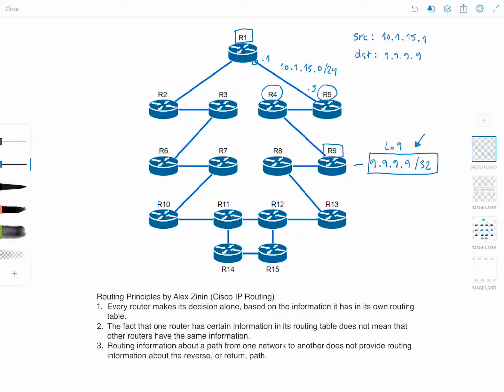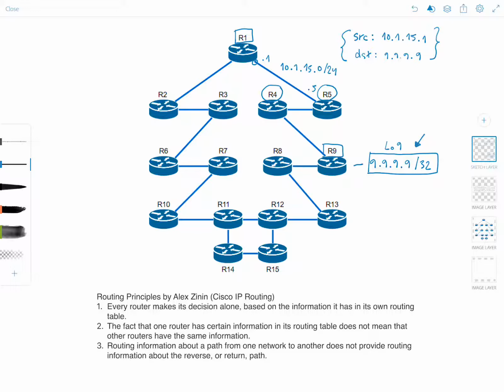Just because R1, R5, R4, and R9 were able to successfully get the packet all the way from R1 to R9, doesn't mean that they can forward it back, because when the ping packet is coming back, essentially this is reversed. And IP routing is destination based.